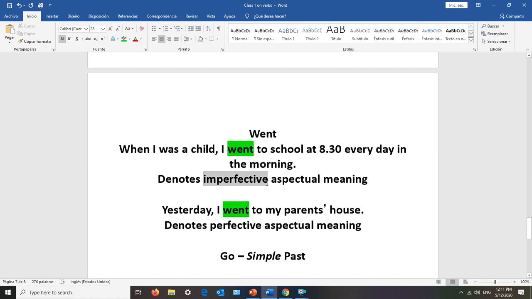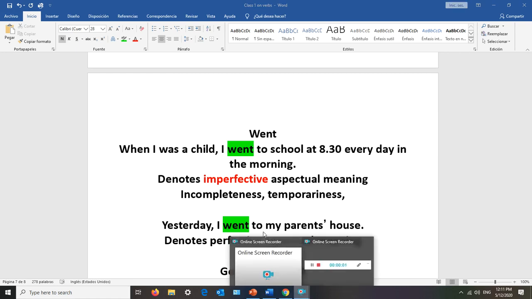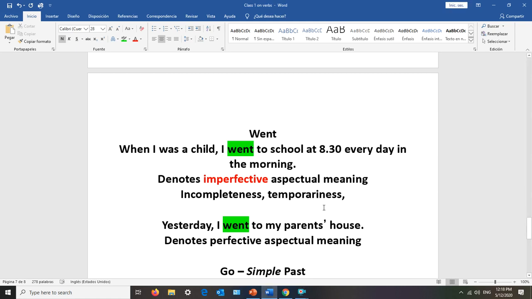Imperfection here is associated with ideas such as incompleteness, temporariness, and duration.